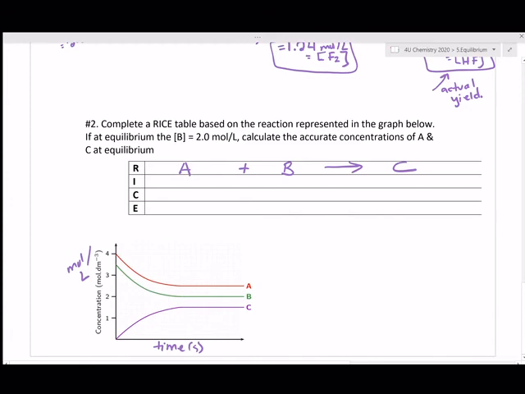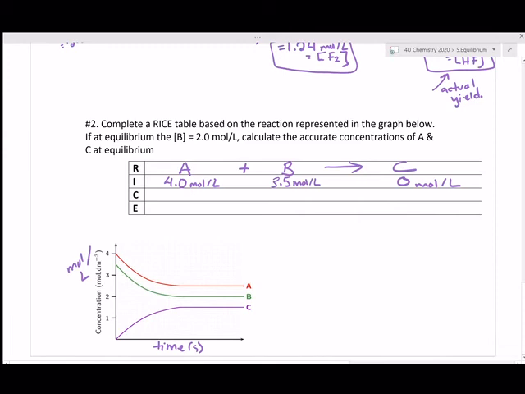Okay. Now we can read right from the graph quite easily what our starting concentrations are. So A is 4.0 moles per liter. B, I would say, is 3.5 moles per liter. And C, of course, is 0, which we would expect.